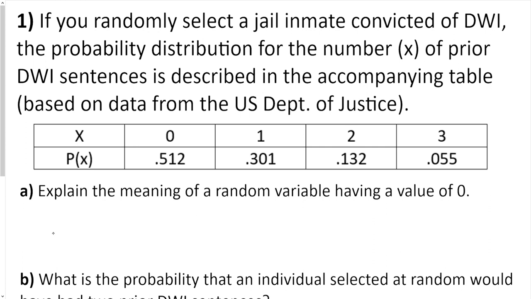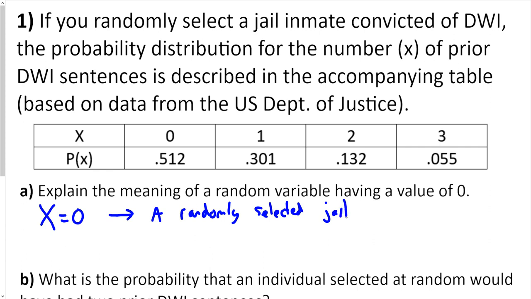If capital X equals 0, that just means that a randomly selected jail inmate convicted of a DWI had 0 prior DWIs.